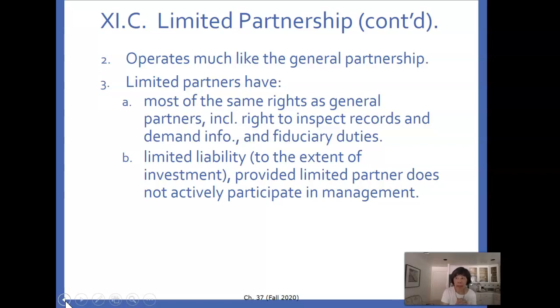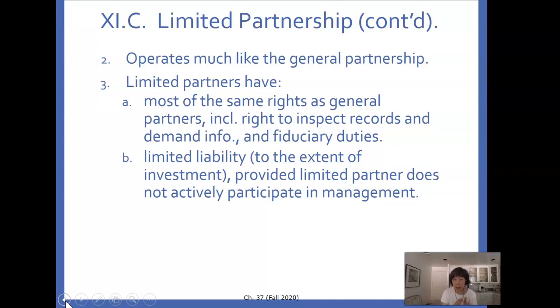There's been a case I have read where it was a real estate management office, and the limited partner was asked to come in and do some office work. The office work grew beyond just opening the mail and answering the phone into more managerial tasks, showing property, perhaps answering questions for people that might want to rent, and taking responsibility for the business.